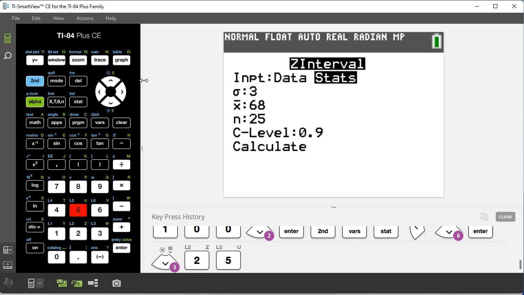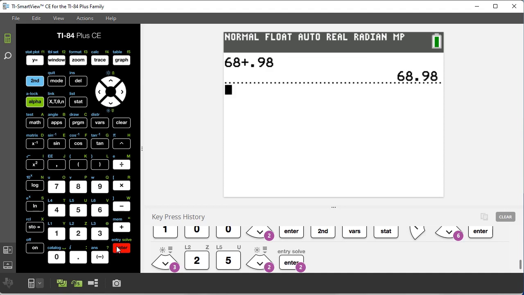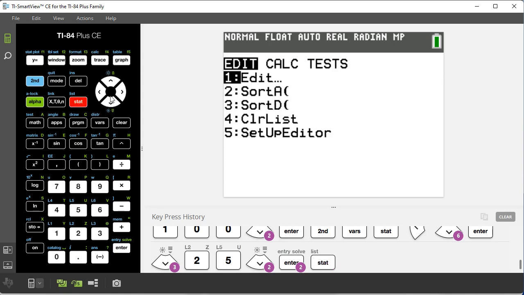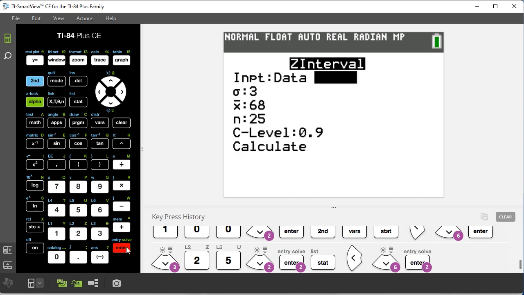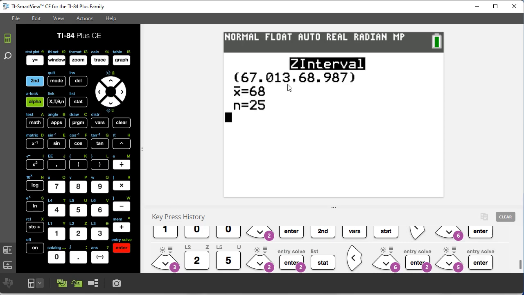Okay, so we can do this, and if we hit enter, okay, so here our margin of error actually increased. So we have that the margin of error has increased for this one.